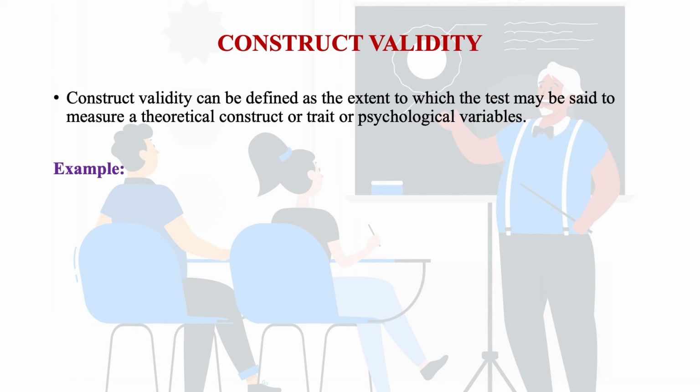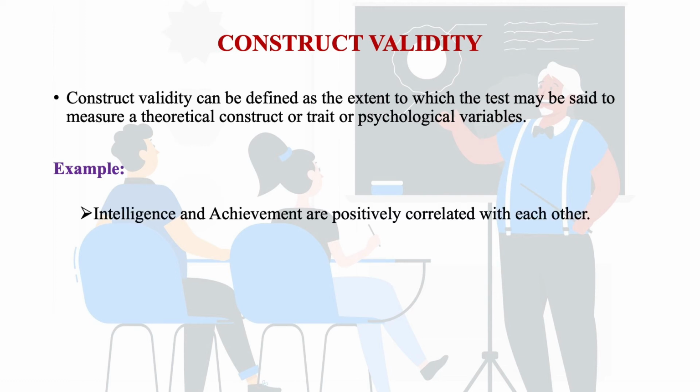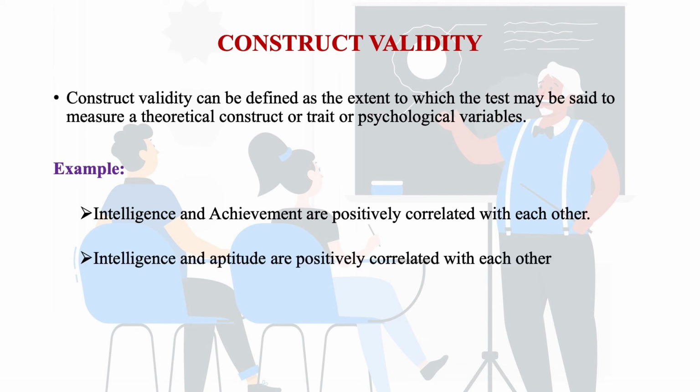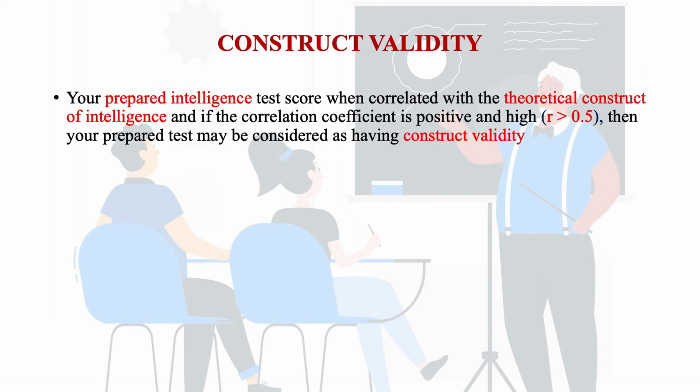As an example, intelligence and aptitude are positively correlated with each other, okay. So intelligence of a group of students and aptitude of that group of students, you will find that both are positively correlated with each other. Your prepared intelligence test score, when correlated with the theoretical construct of intelligence, and if the correlation coefficient is positive and high, that means if r is greater than 0.5, then your prepared test may be considered as having construct validity, okay.